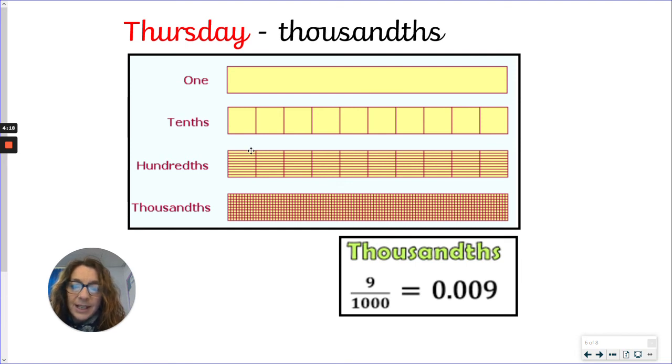And then if we divide each hundredth into 10 equal parts, then our whole is now divided into 1,000 equal parts, or thousandths. So it's really trying to understand what we mean by thousandths, as well as thinking about how we represent them. So 9 thousandths would be written as 9 over 1,000, or 0.009. So lots of work on Thursday all about thousandths.